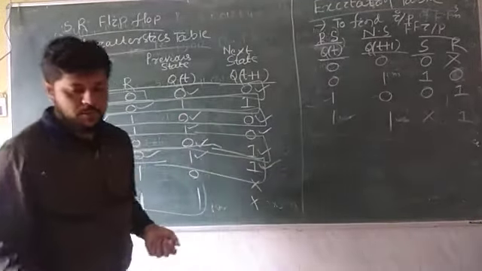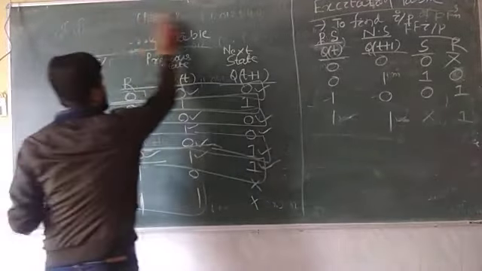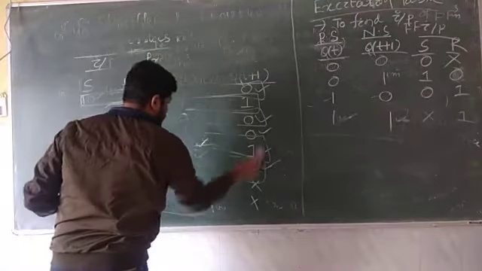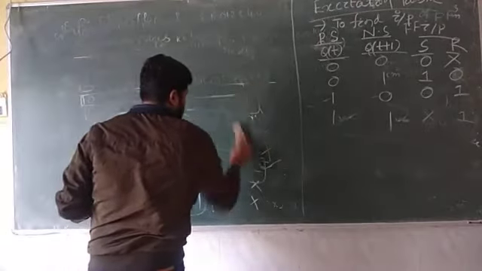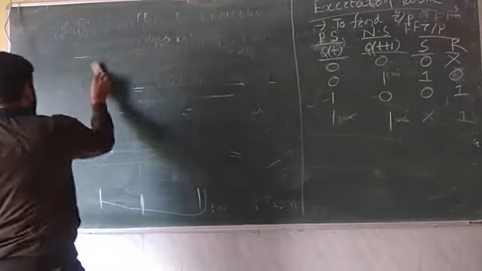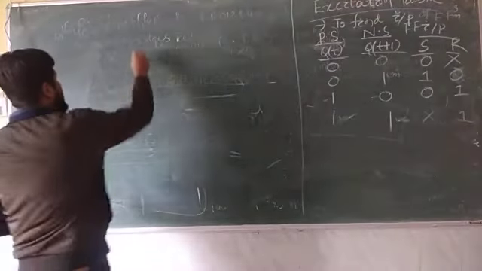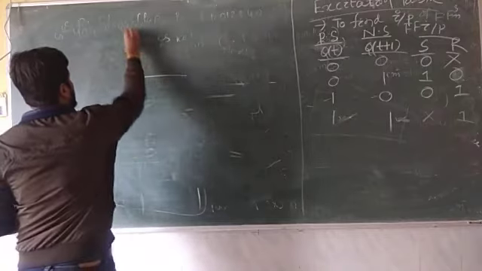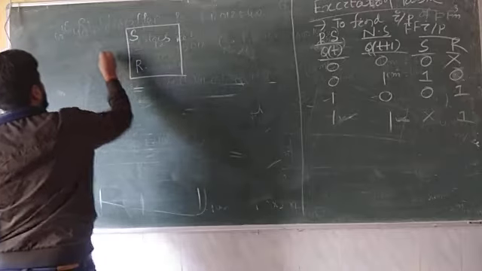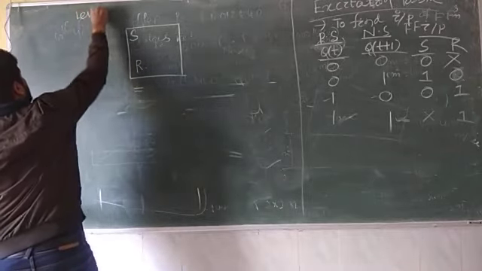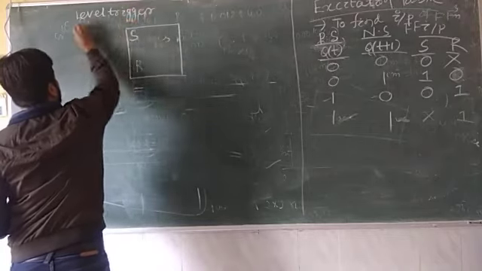So for that you need to observe the characteristic table, and accordingly we will find your SR input. Now the next flip-flop we will study is the D flip-flop. Before that, I will teach you how to represent this flip-flop. This represents an SR level trigger circuit.